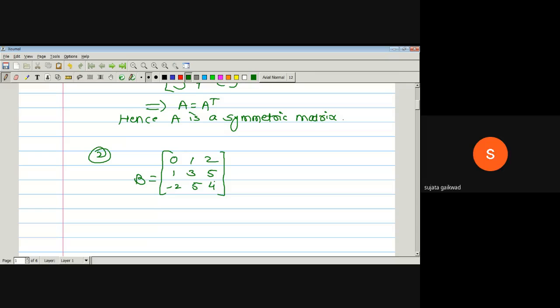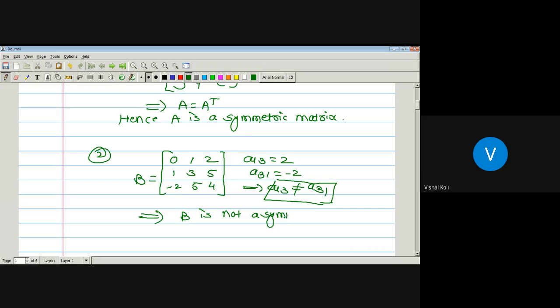Because here A13 is equal to 2 and A31 is equal to -2. So A13 is not equal to A31. Therefore this contradicts our definition of a symmetric matrix. As A13 is not equal to A31, B is not a symmetric matrix.